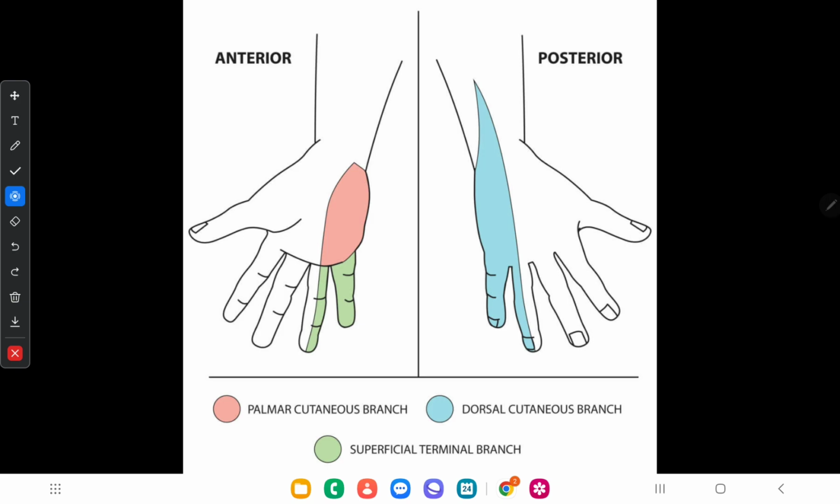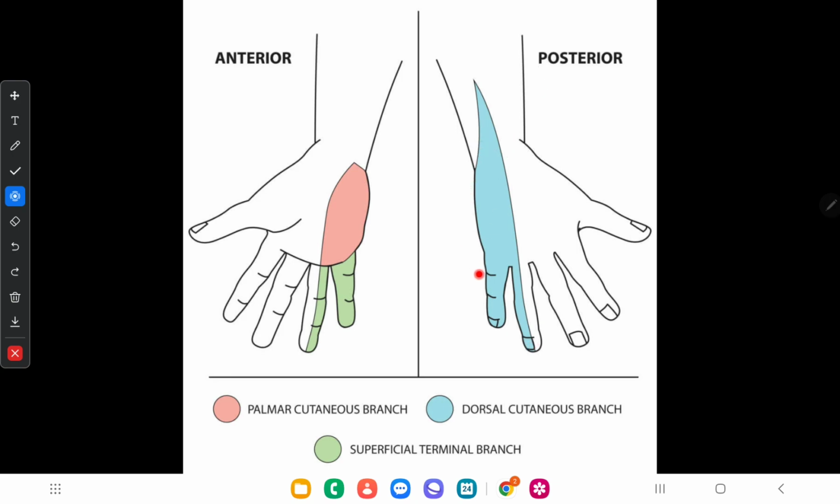Here in this picture, you can see the cutaneous supply of the ulnar nerve. Here, the palmar surface, here the dorsal surface. In both palm aspect and dorsal aspect, the medial 1.5 fingers are supplied by the ulnar nerve.